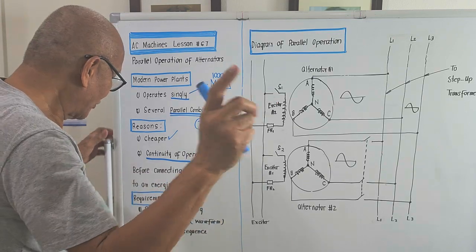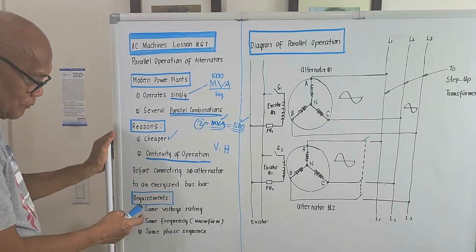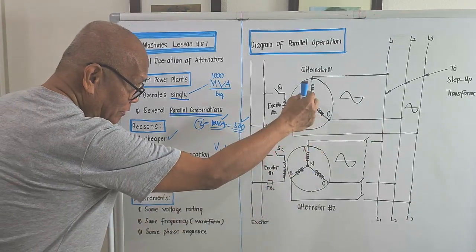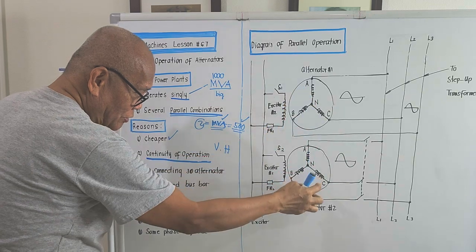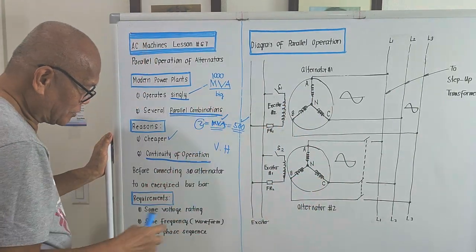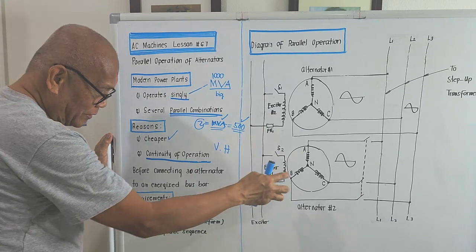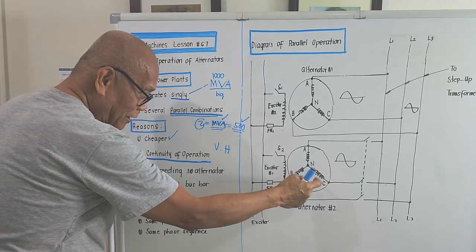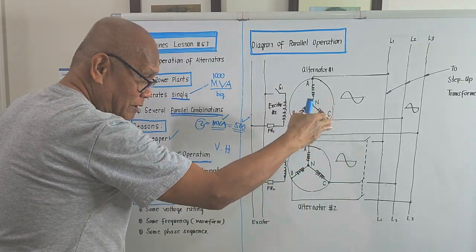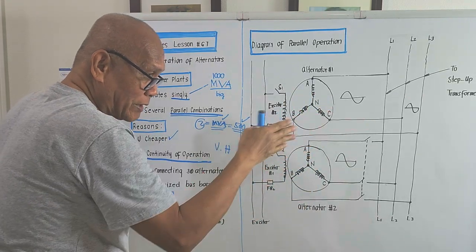The number 1 requirement is that the voltage of the incoming alternator should be the same as the voltage of the alternator that is already connected to the bus bar.